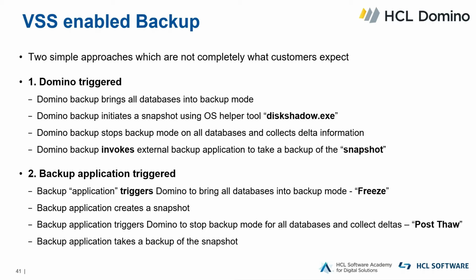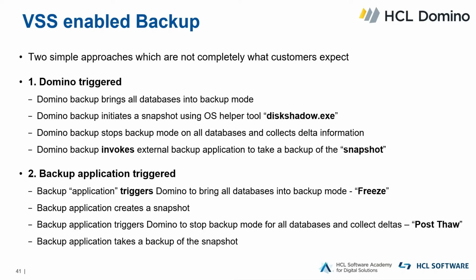So when we look into Windows, most of you know there is something called volume shadow service, and we have the volume shadow copy. When you look into the different approaches that you could have with that, we have two different kinds of how it would be triggered. In one scenario, Domino triggers a snapshot. The flow would be Domino brings all databases into backup mode.